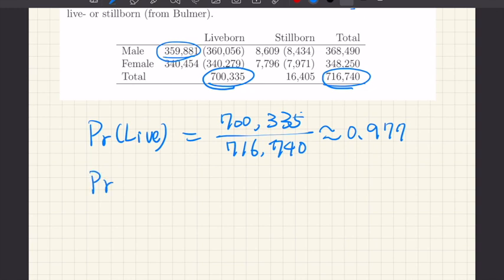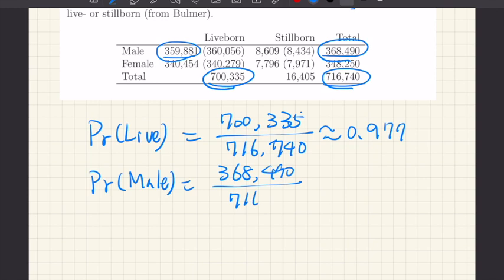And you calculate the probability of male. That is this number, 368,490 over 716,740, which is about 0.514.